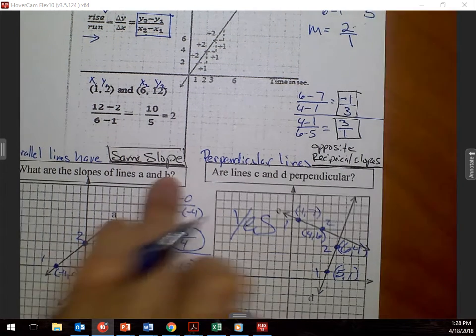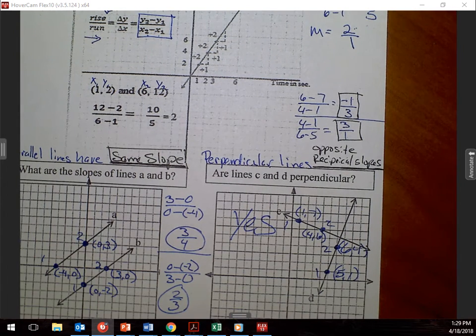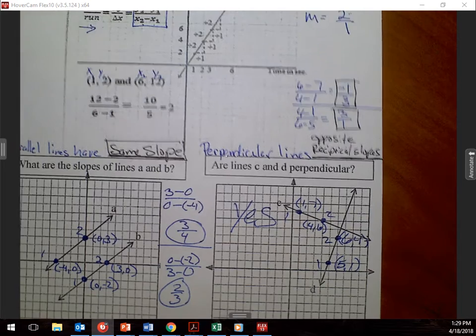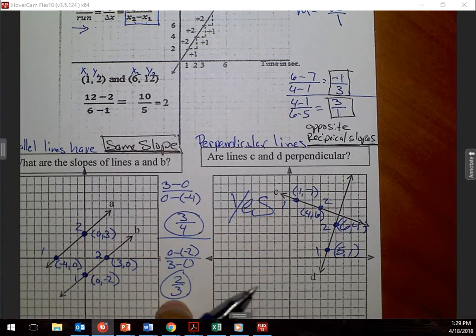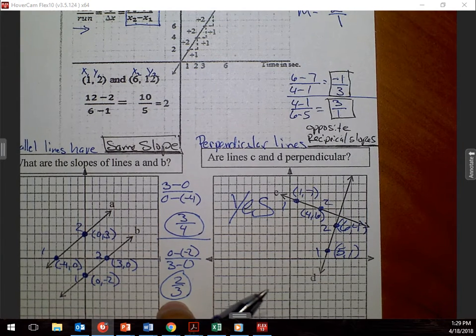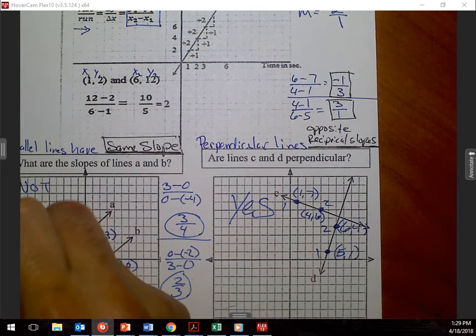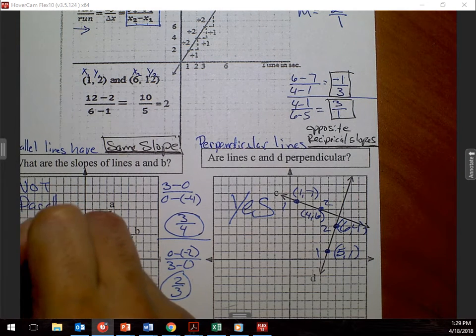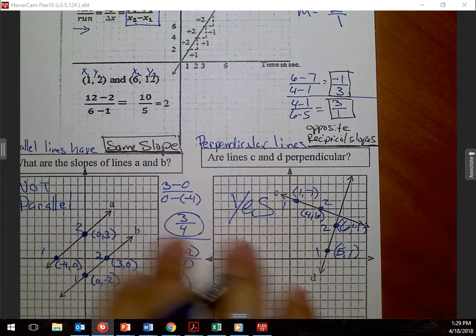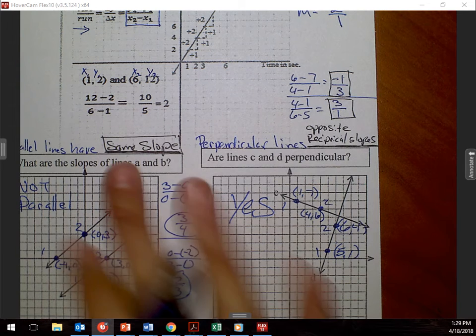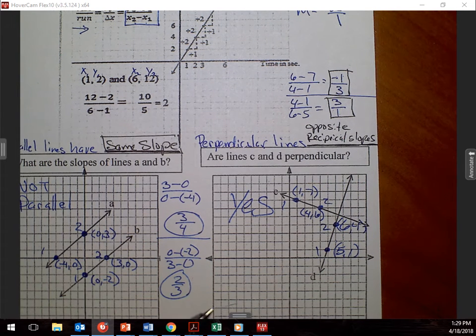And over here, are these two right here parallel? Look at the two slopes. No. So I'm going to say these are not parallel. They look parallel. I know they look parallel. It's close, but that's the reason why we have to do the math, just to prove whether they're parallel or not.